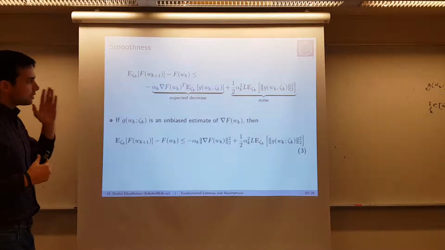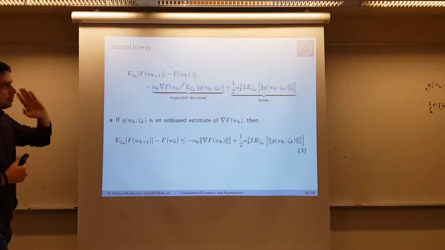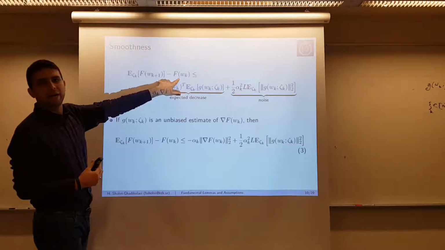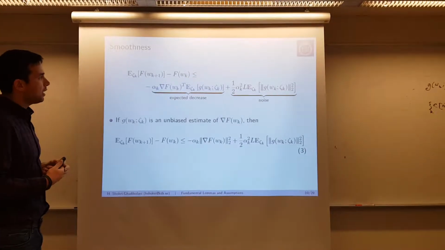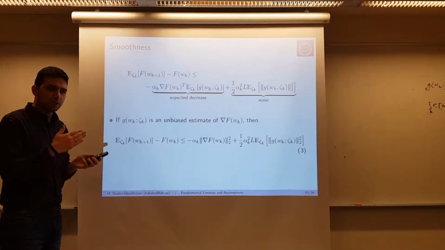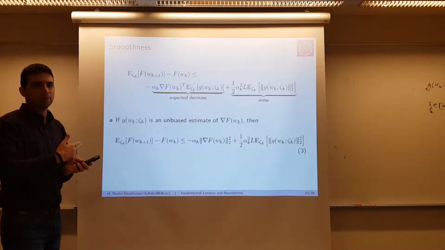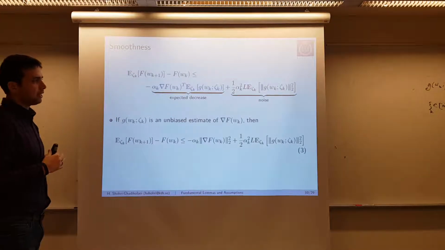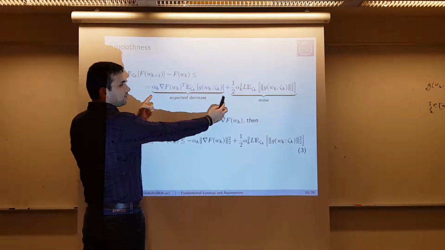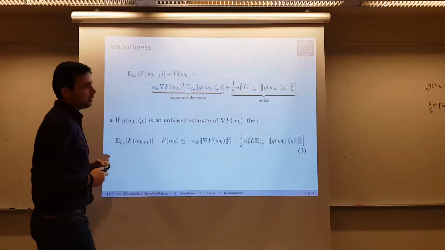So this is the average improvement that you can have over iteration k. In iteration k, you update and find w_{k+1}, and this is the whole improvement you can have. It says you would have an expected decrease here, okay?